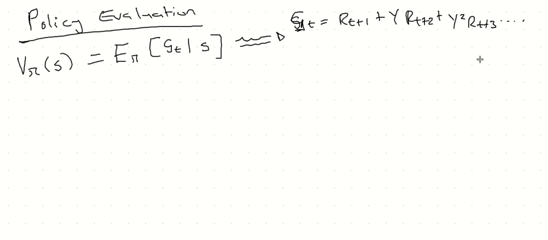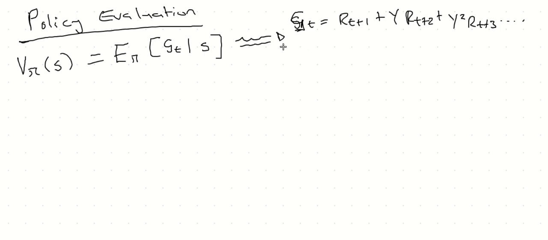Given this definition for the return, we don't know what R_{t+1} is, we don't know what R_{t+2} or R_{t+3} are, and so forth, because we don't know where we're going to end up in our series of events. So these R's are essentially random variables, and since they are random variables, we need to take the expectation of these variables.